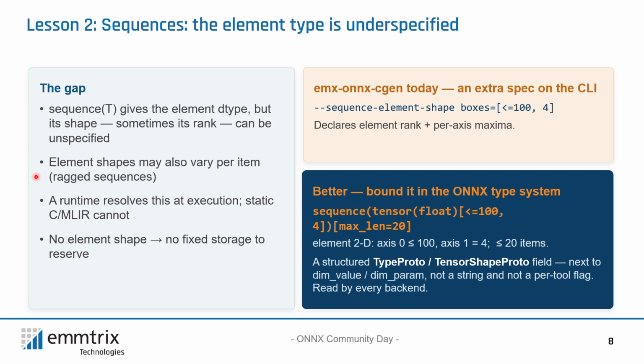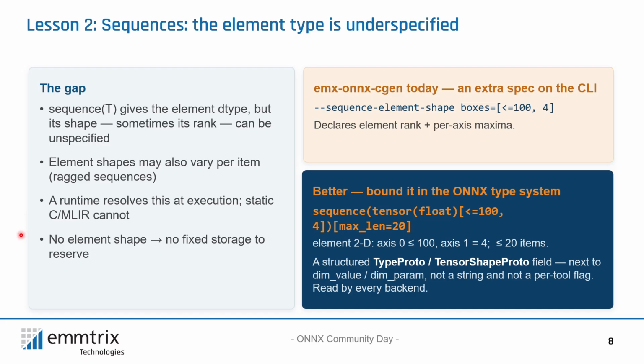And there are even sequence types, called ragged sequences, that can completely vary for every item. And for a compiler, we must resolve that ahead of time. That's nearly impossible.